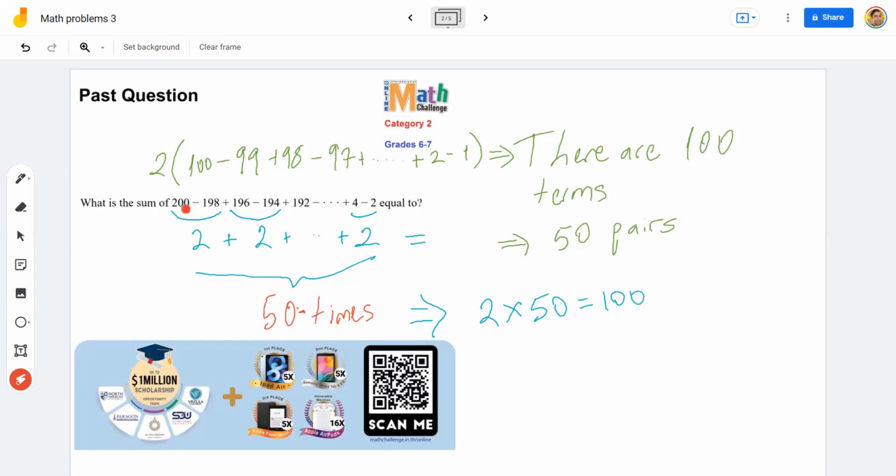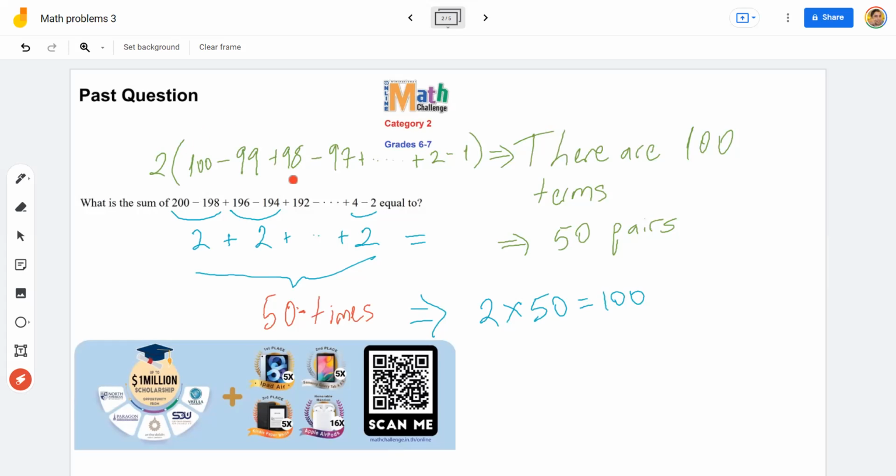At first it may be hard or confusing, but if you realize that these are all even numbers and you divide all the numbers by 2, the results will be 100, 99, 98, down to 2 and 1. Looking at this, we see that there are exactly 100 numbers: 100, 99, 98, 97, up to 1.